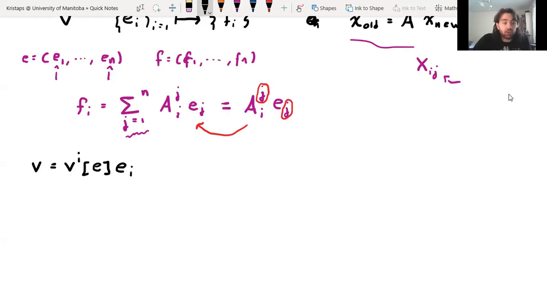By definition, this is the coefficient of e_i for the vector v in this basis E.